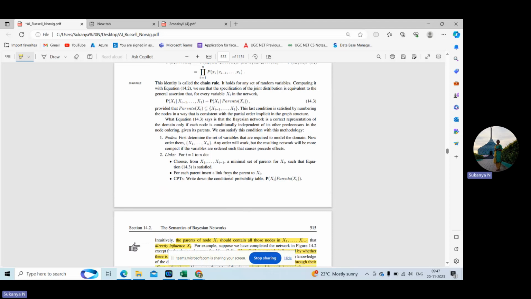For the construction of the Bayesian network, we have taken an example where Mary calls is certainly influenced by the alarm, and John calls can also be influenced by the alarm.